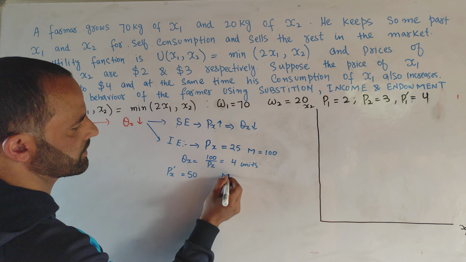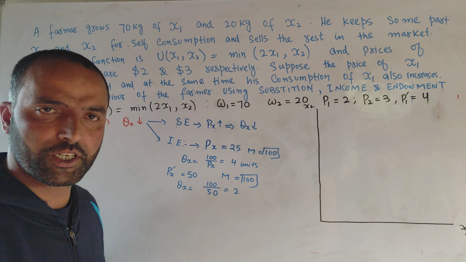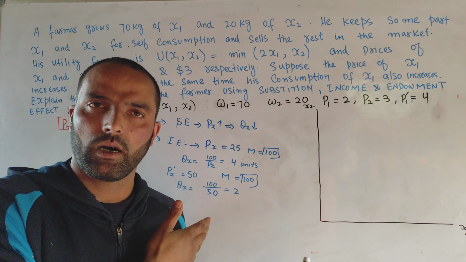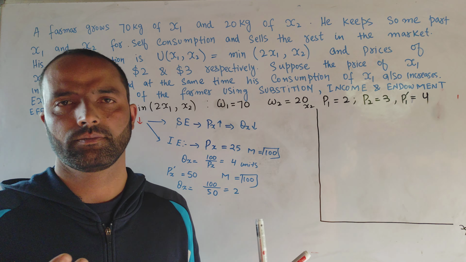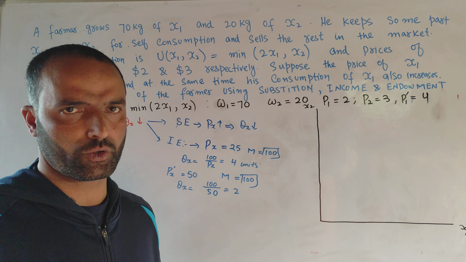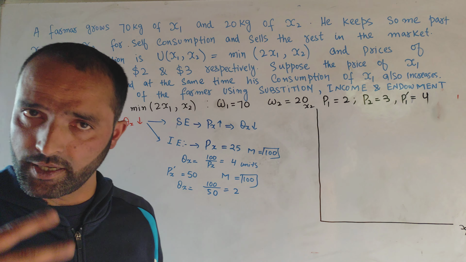So with the same income, he is now able to demand only 2 units of good X. So the quantity demanded of good X has decreased due to the change in real income, because nominal income is the same, but real income has decreased, because with the same $100, he is now able to demand fewer units. This is what we call the income effect.